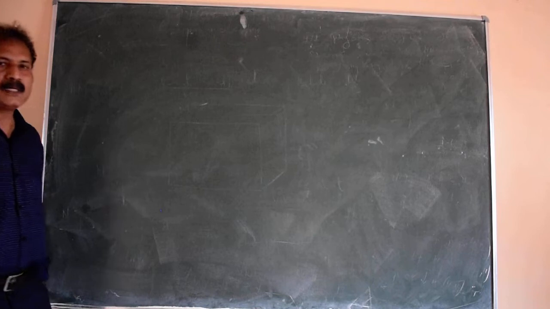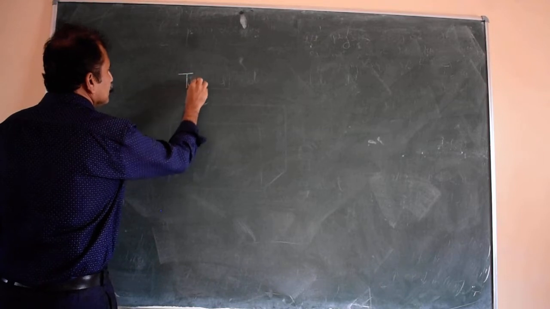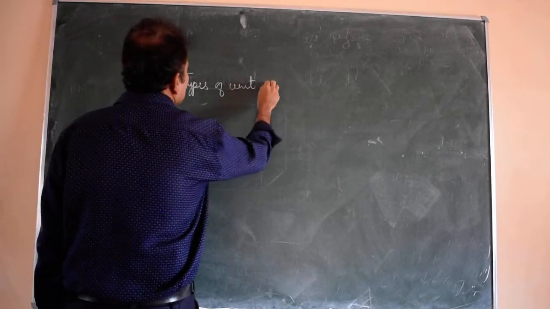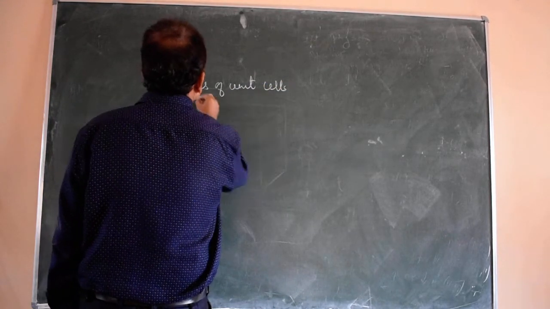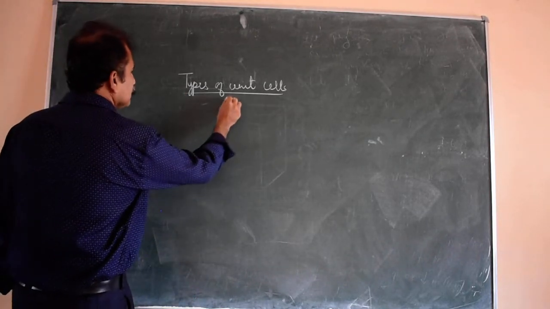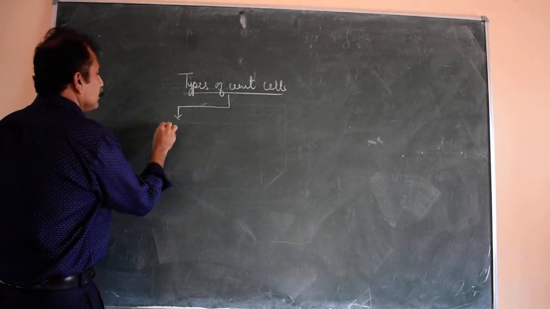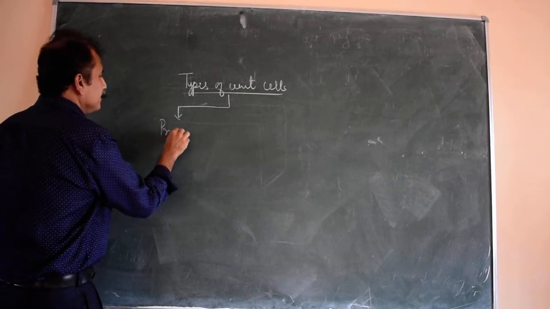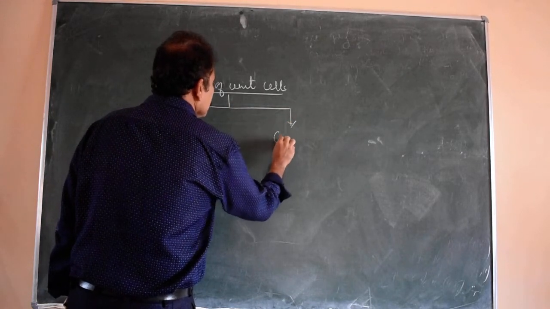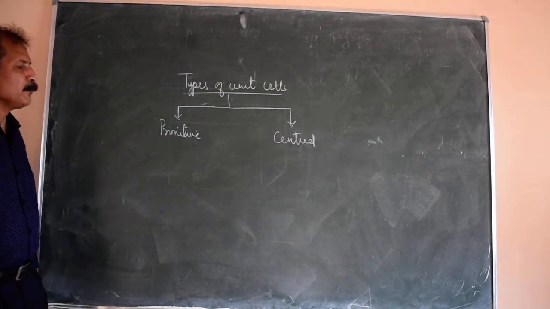Now after the unit cell comes types of unit cells. There are basically two types of unit cells. The first one is primitive. The second one is centered. So what is a primitive unit cell?